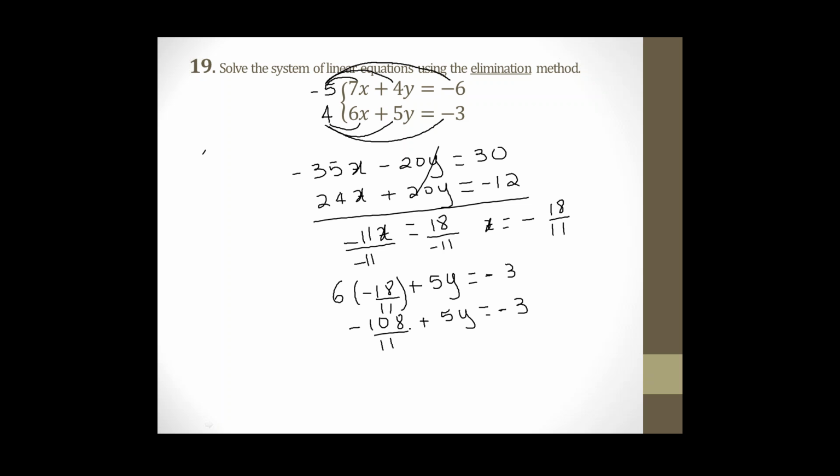For some reason, I'm tempted to multiply everything by 11 because I don't want to work with the fractions, but at the same time, it's just one fraction, so I can deal with that. So I'm just going to add 108 to both sides. Can somebody tell me what's negative 3 plus 108 over 11?